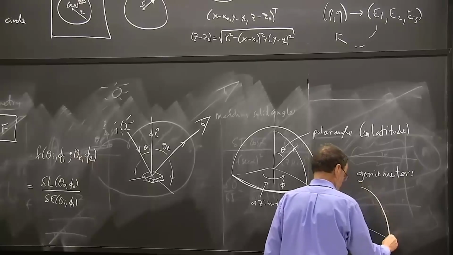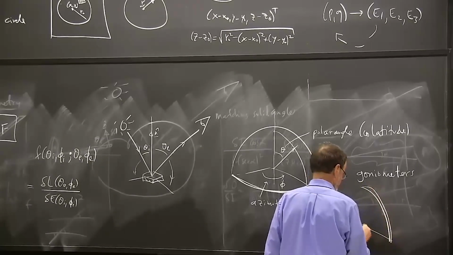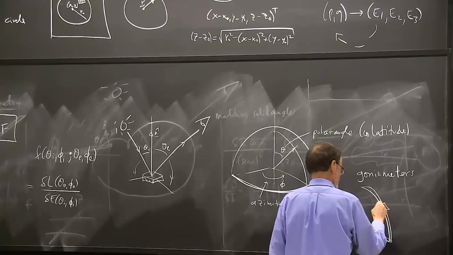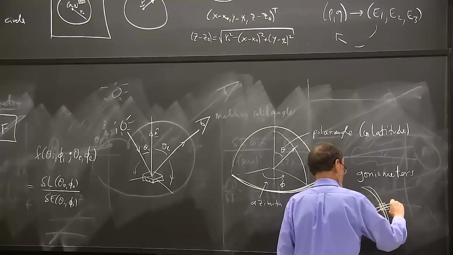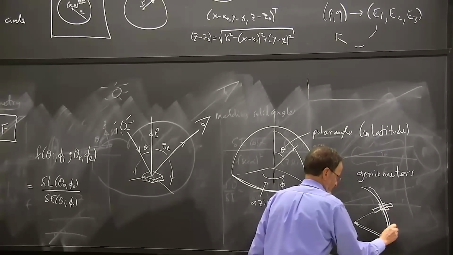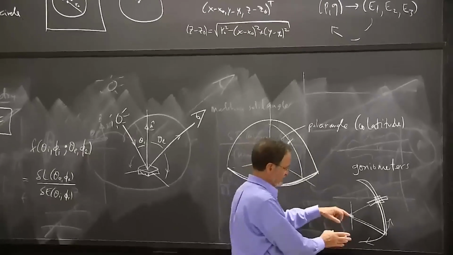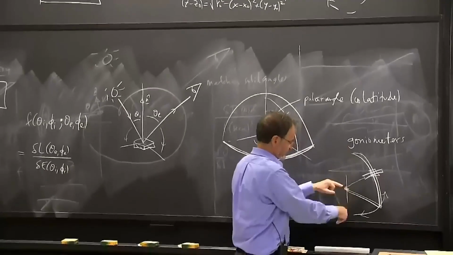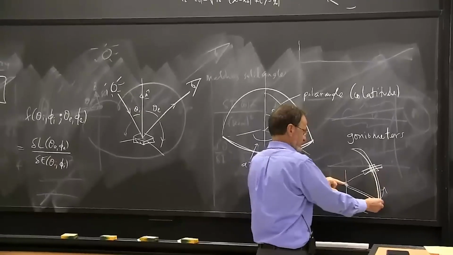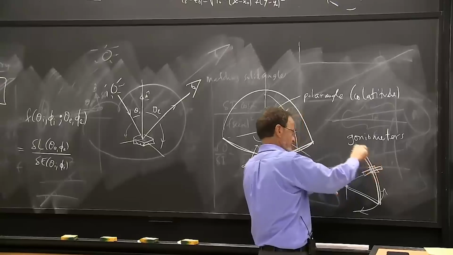So what I'm trying to draw here is something that will rotate about this vertical axis and then has an arc along which the apparatus can move.